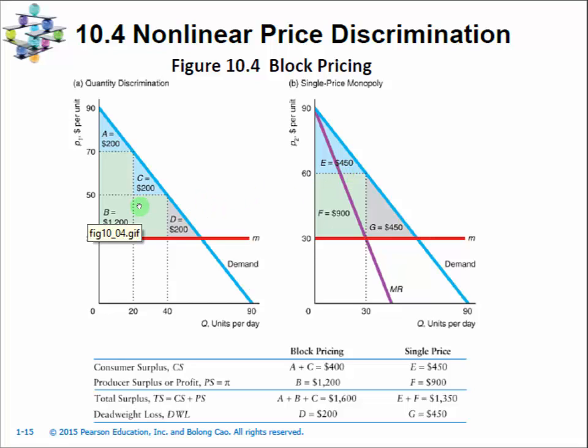And the firm using block pricing actually extracts more consumer surplus and makes more producer surplus. Here, under block pricing, the producer surplus for the firm is $1,200, and using uniform pricing, the firm only gets $900 in producer surplus. Also, we see that under block pricing, the deadweight loss is smaller, only $200, but under uniform pricing, the deadweight loss is $450.